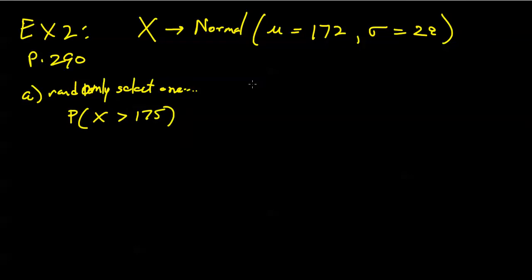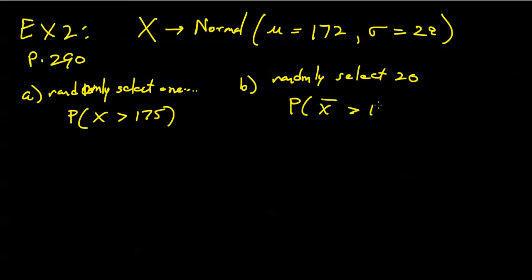Alright. And contrast that with part B. Find the probability that 20 randomly selected men will have a mean weight that is greater than 175. So here we randomly select 20 and ask what's the probability that their mean weight is greater than 175. Okay?